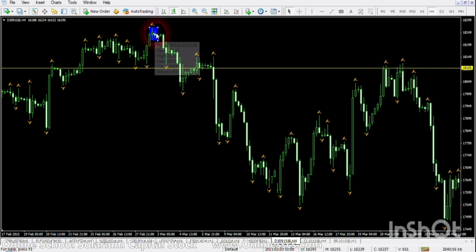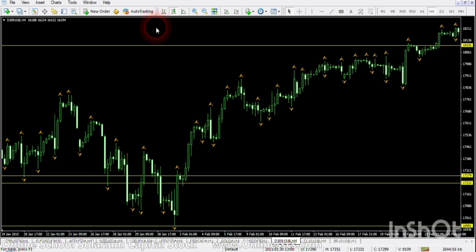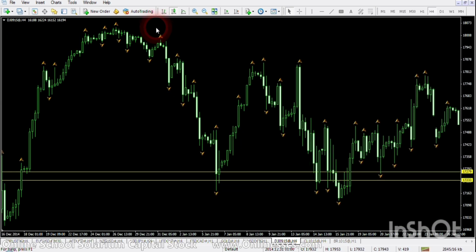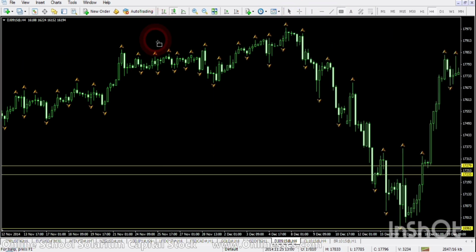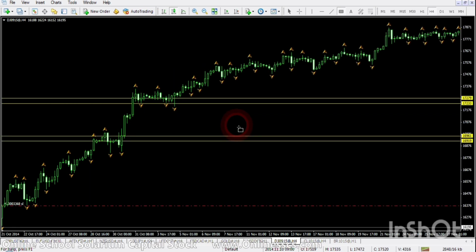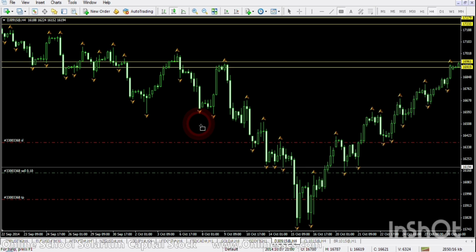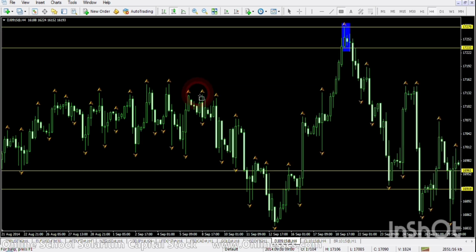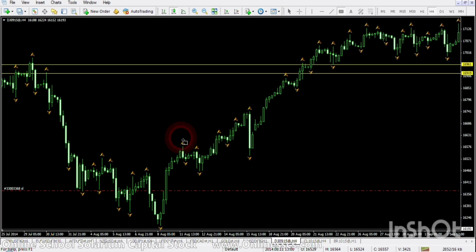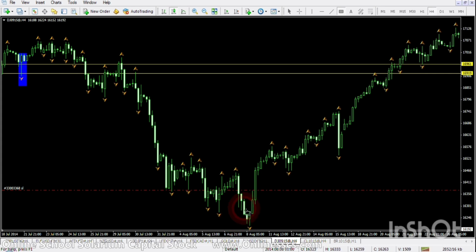Here, the shadows are kind of the same. So this candle is a little invalid. If it's in the top of the chart, the longer shadow should be on the top. Let me show you other things.